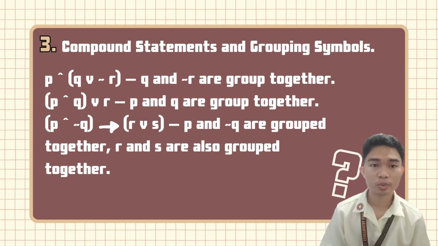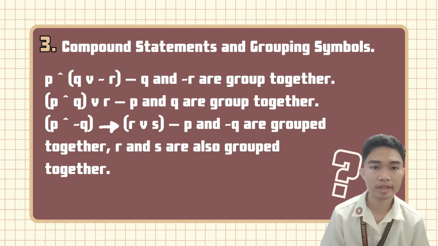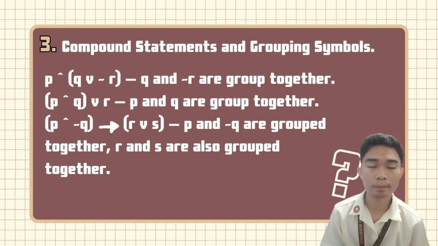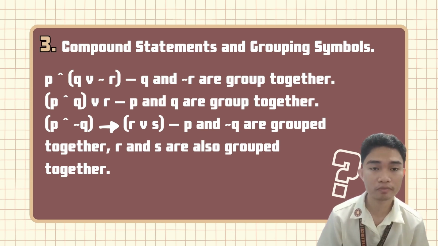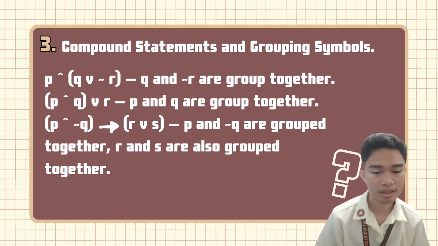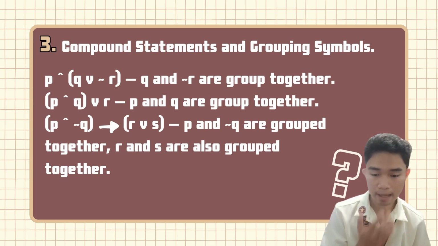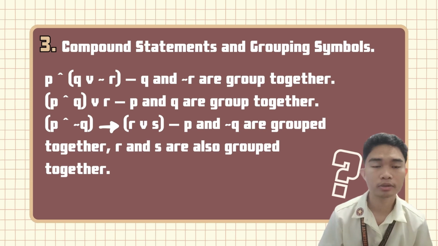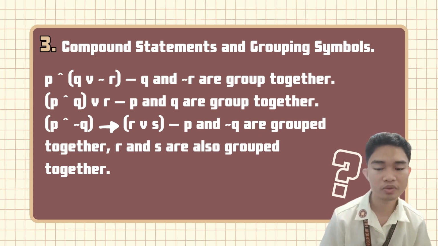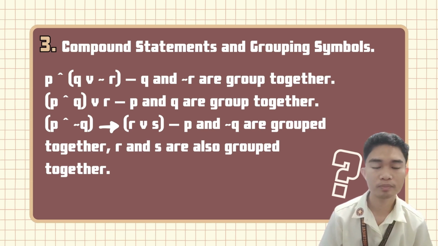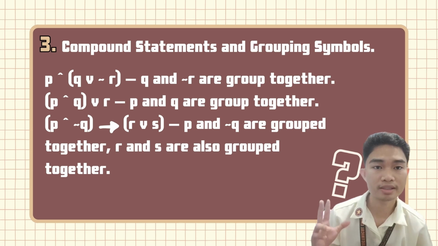Compound statements and grouping symbols. So kanina, na-discuss na natin kung ano ba yung compound statement. So for the recap, compound statement is a statement that conveys two or more ideas. And grouping symbols are the symbols that are used to group the statements. So as you can see here, Q and not R are grouped together and it's grouped by braces.